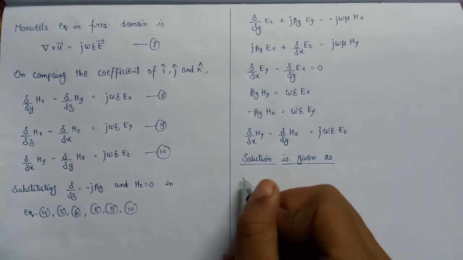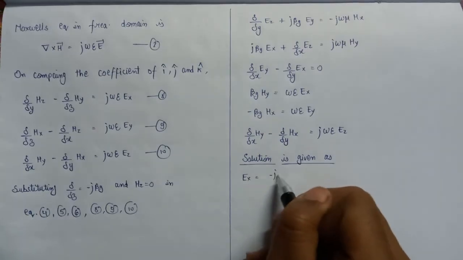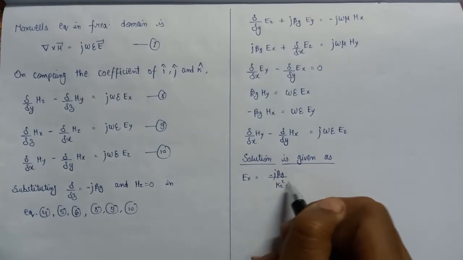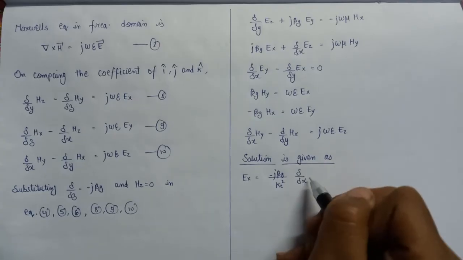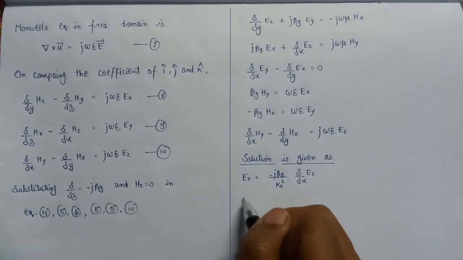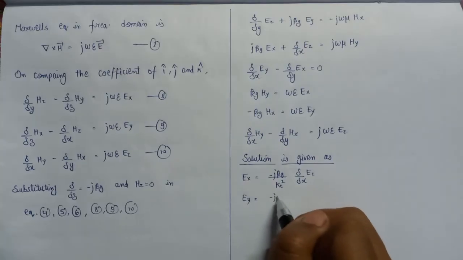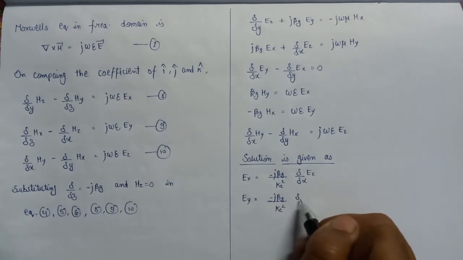For the value of Ex, it will be equals to minus of j beta g over kc square, del over del x into Ez. For the value of Ey, it will be equals to minus of j beta g over kc square, del over del y of Ez.